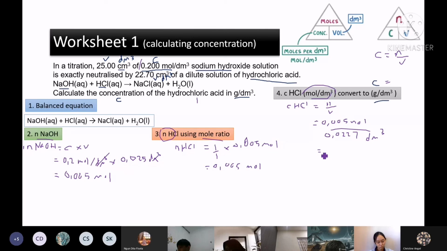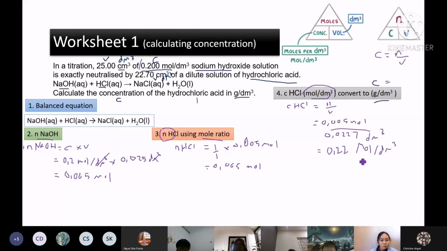Please calculate it. Wait, miss, counting first. 0.22, miss. Yes, 0.22. Correct. Very good. Mole over dm cube.